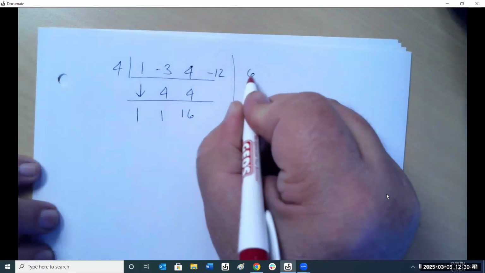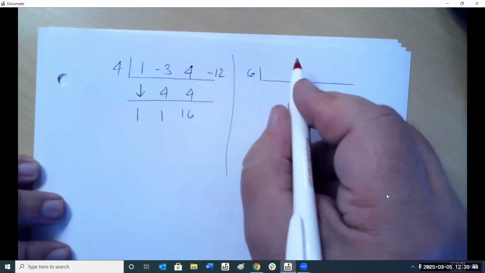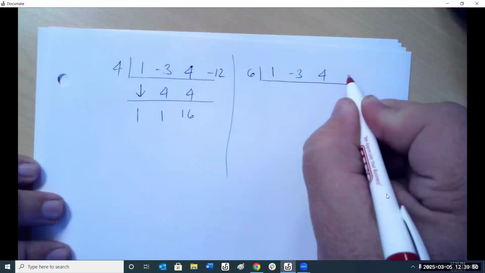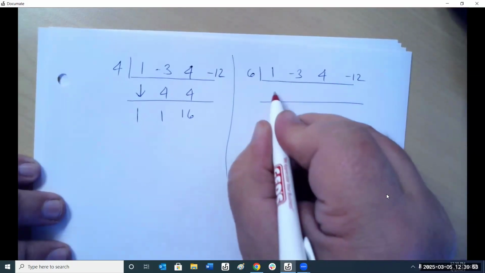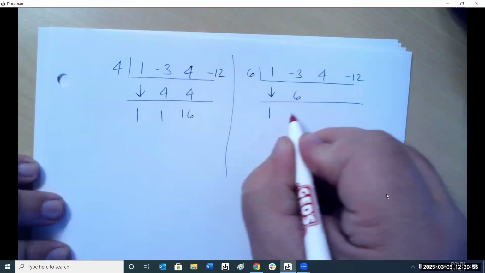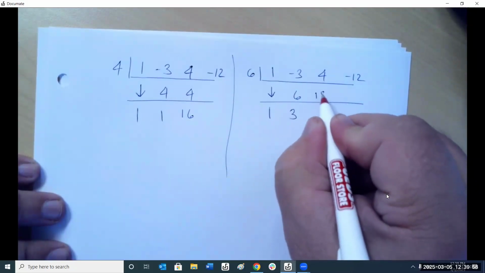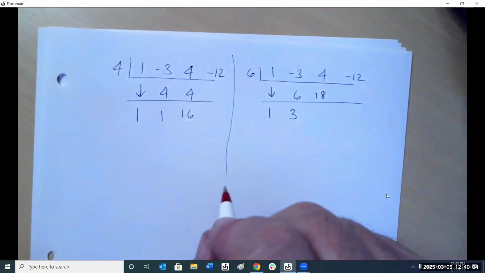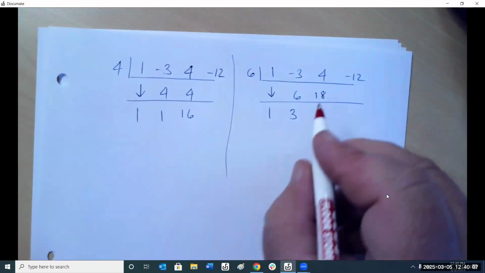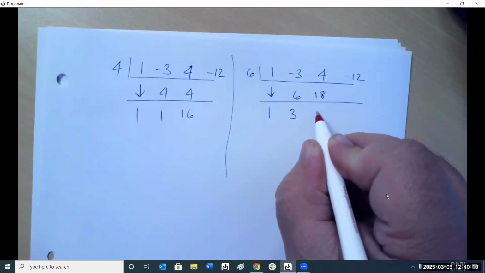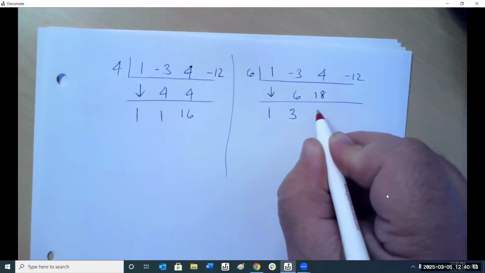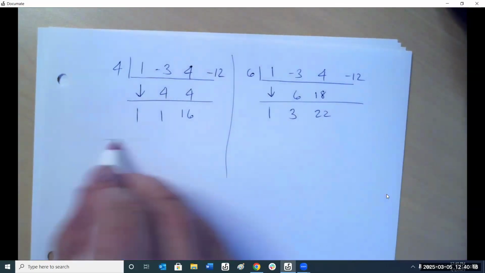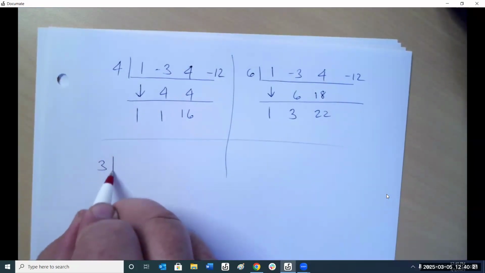The next number is 6. What if it was another 3?